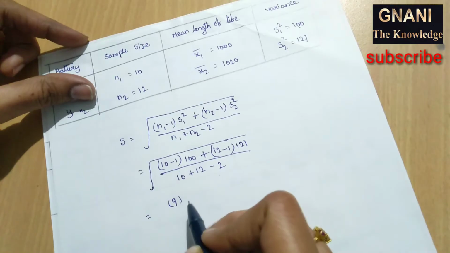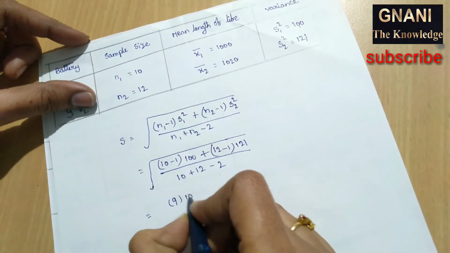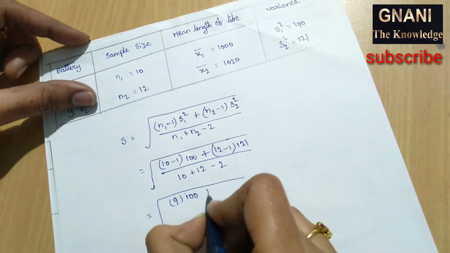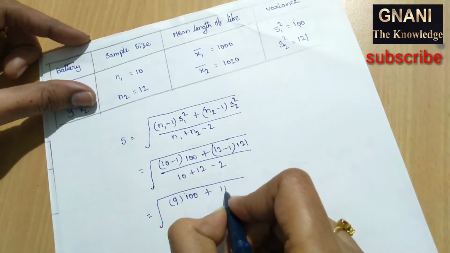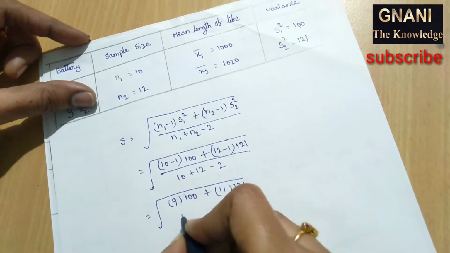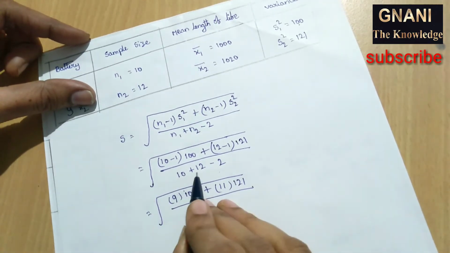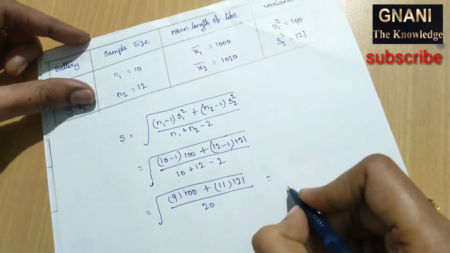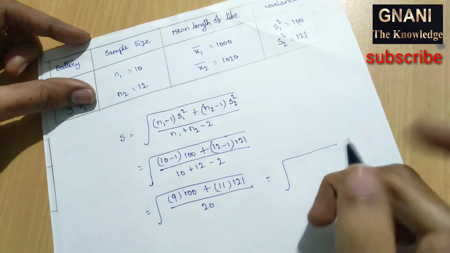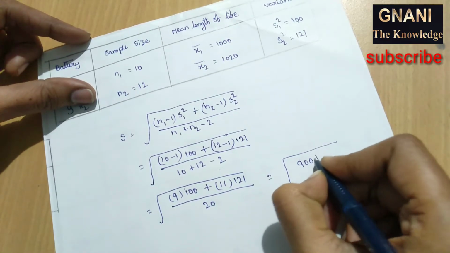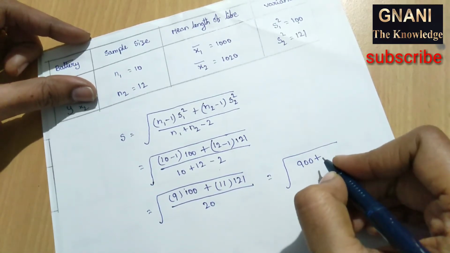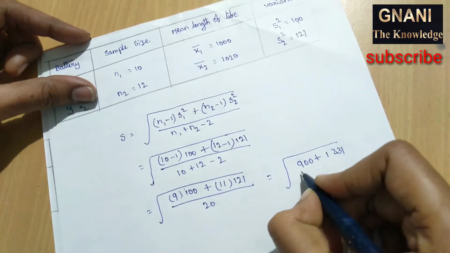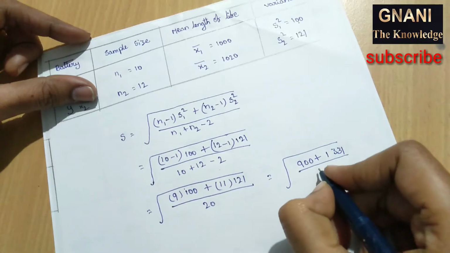Then 10 minus 1 equal to 9, into 100, square root of 9 into 100 plus 12 minus 1, 11, into 121, divided by 10 plus 12, 22, minus 2, 20. Then square root of 9 into 100, 900, plus 11 into 121, 1331, by 20.